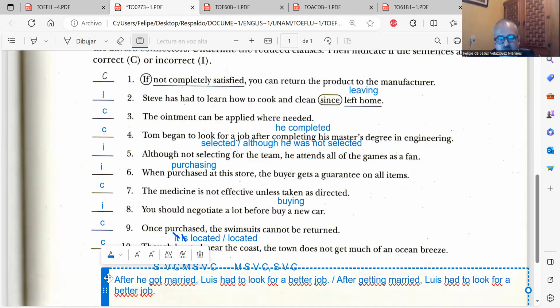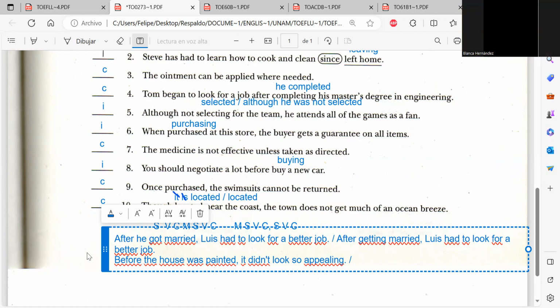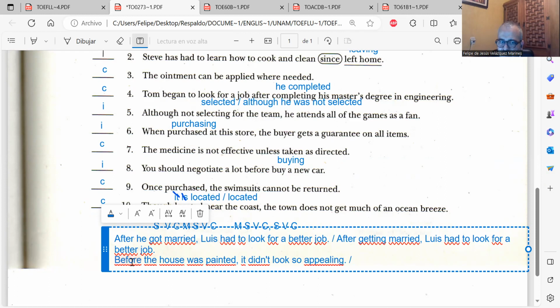Okay, another example. Before the house was painted, it didn't look so appealing. What is the repetition? The house and it. So we eliminate the house. Why? Because it's always the thing that is after the linker, after the connector.